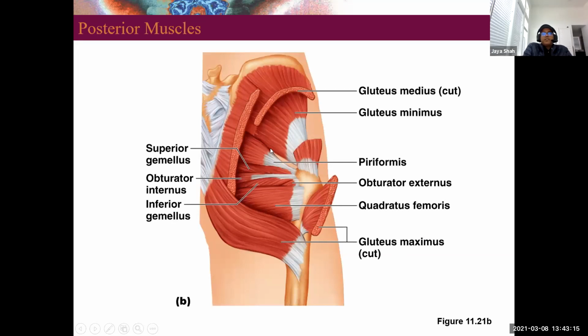You have cut the gluteus and opened it, so you can see gluteus medius. Medius is here. And under the medius, you see gluteus minimus. And there are other muscles, piriformis, obturator internus, quadratus femoris, but these are the glute muscles, three of them.